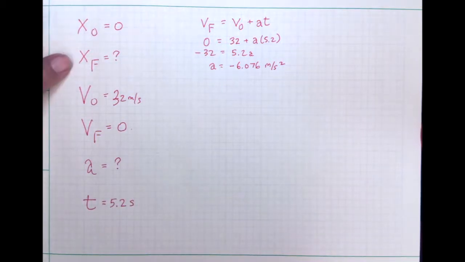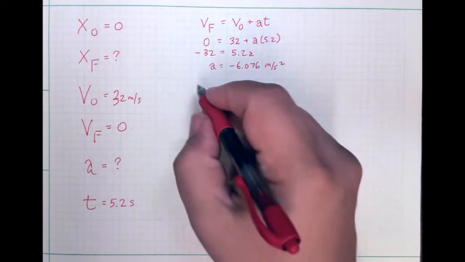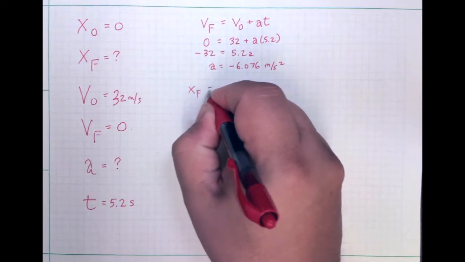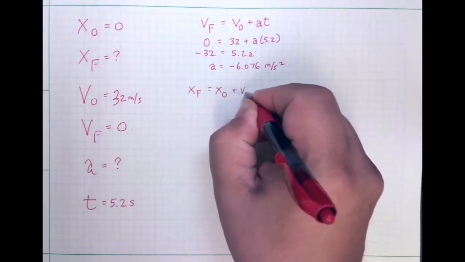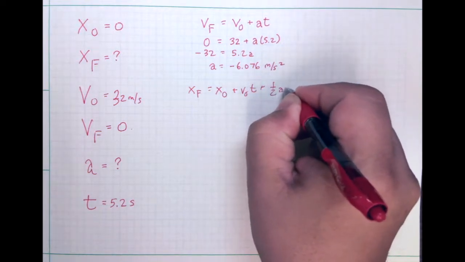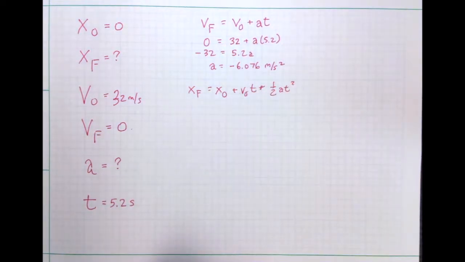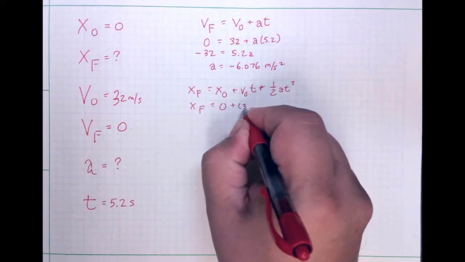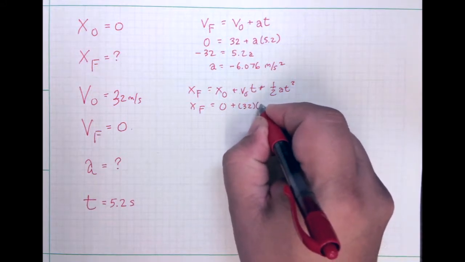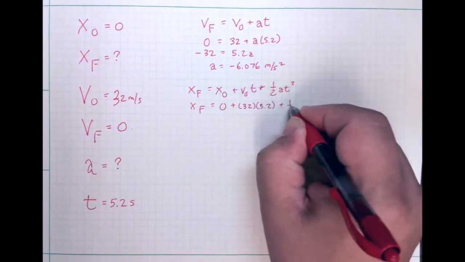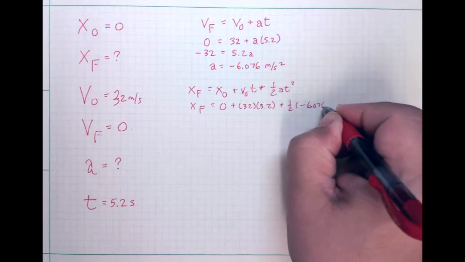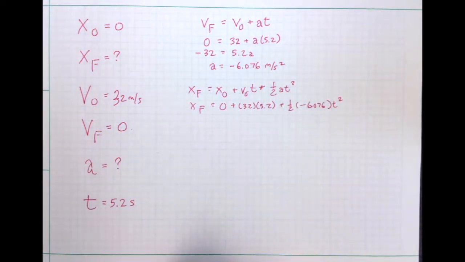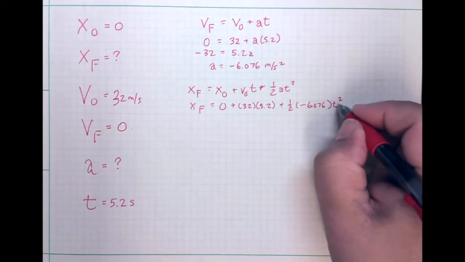Looking to our second issue of finding the final position and therefore the displacement, we have 2 options here. We could utilize the second kinematics equation like so, because we know now every part of this equation. And so plugging in the values for initial position, initial velocity, time, and acceleration, we can figure out the final position.